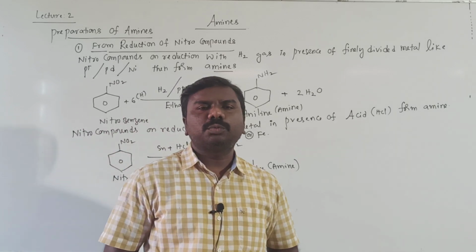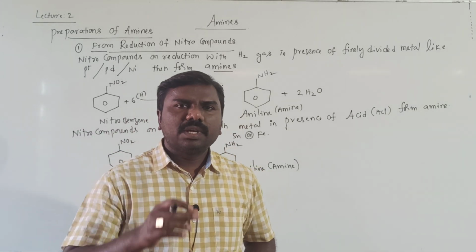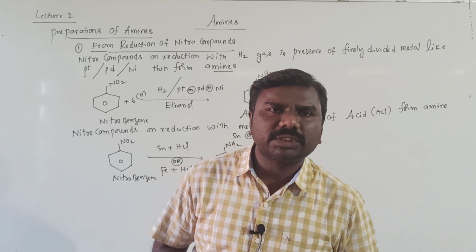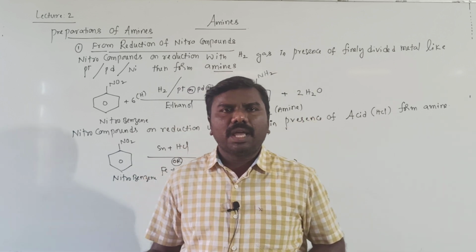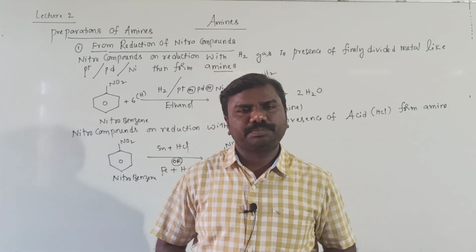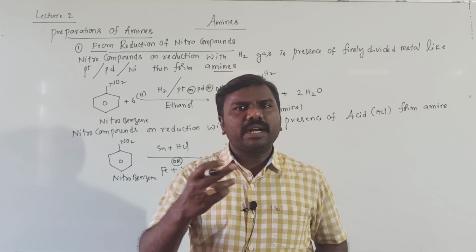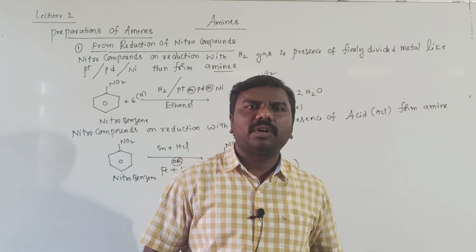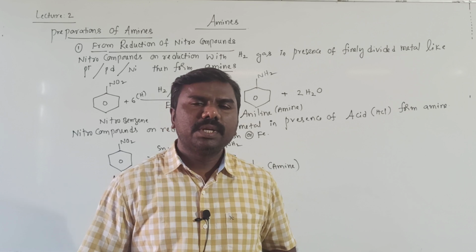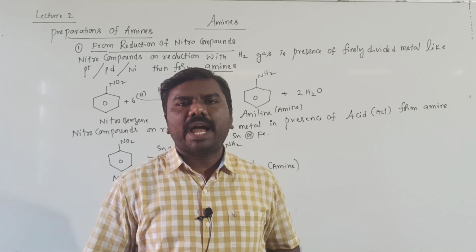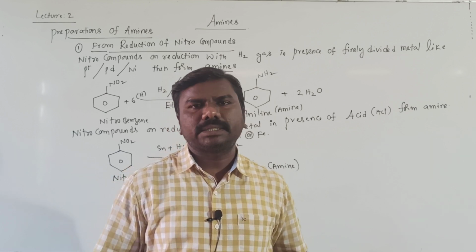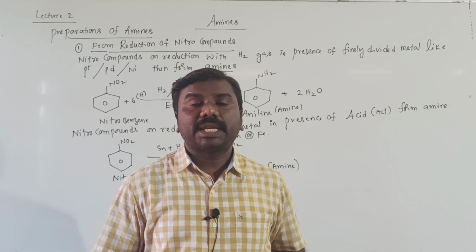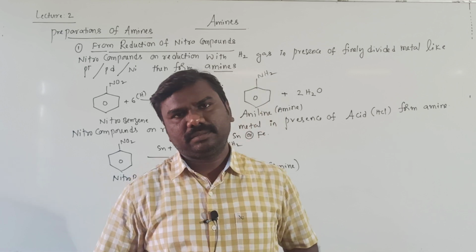Among these two, which is the most preferred one? Iron plus HCl is the most preferred one to prepare aniline from nitrobenzene, because iron and HCl react with each other then form FeCl2. This FeCl2 on hydration or hydrolysis then forms HCl again.